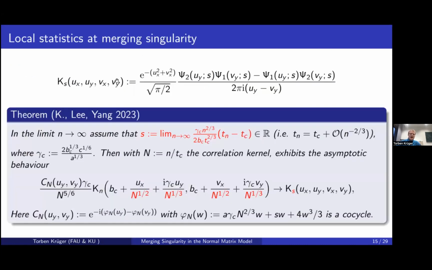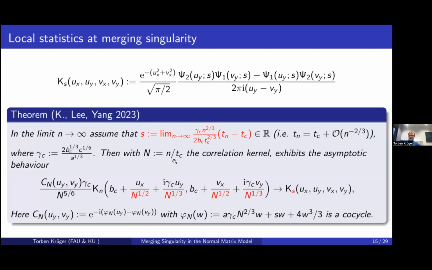It's just an explicit function, which is called psi1, and there's another one which is called psi2. Okay, so now given these explicit functions, you can define a correlation kernel, which is in the x direction just a Gaussian decay, and in the y direction it's what's called the Painleve II kernel. So this is defined by these two functions, psi1 and psi2, with this parameter s.